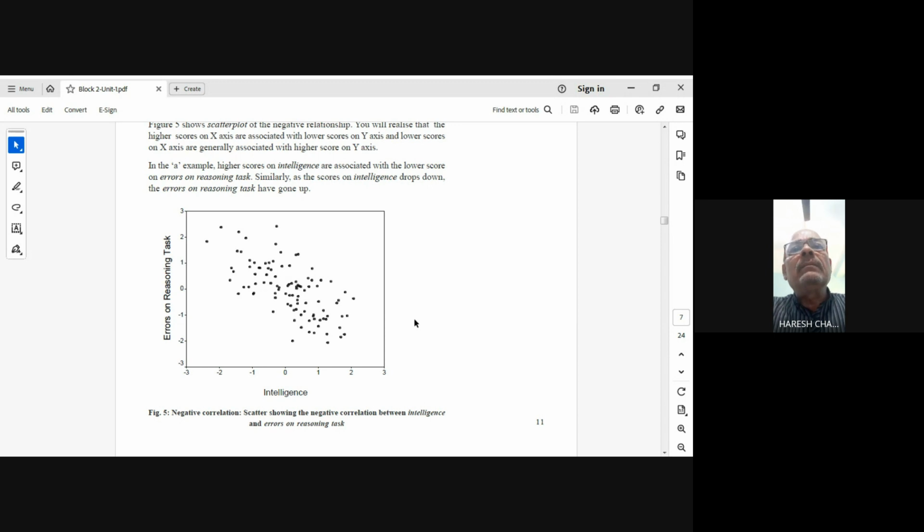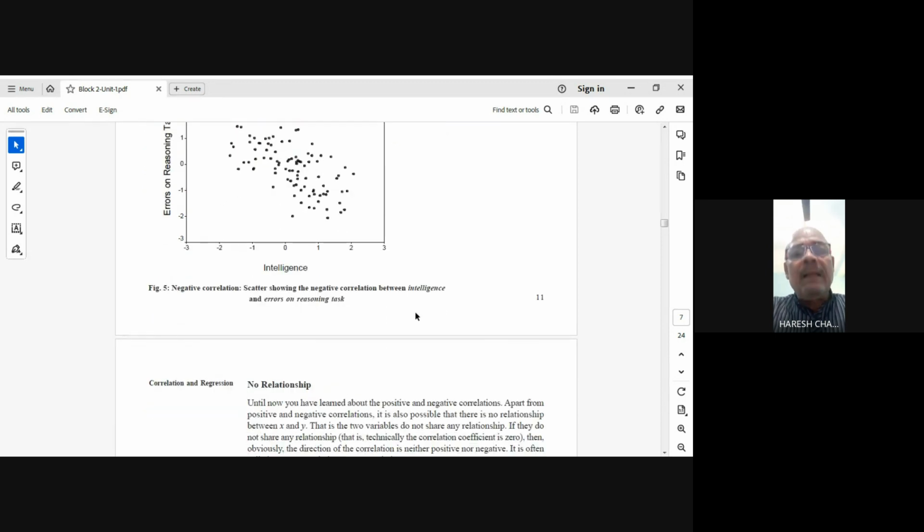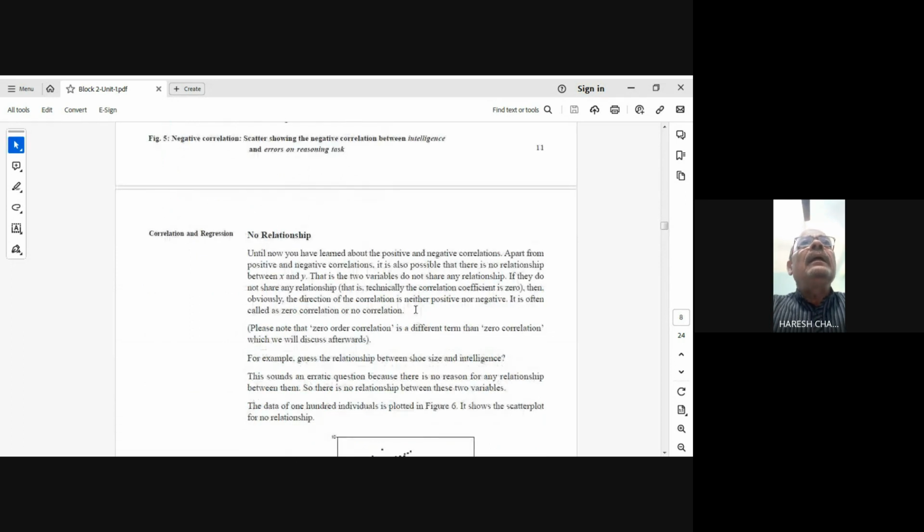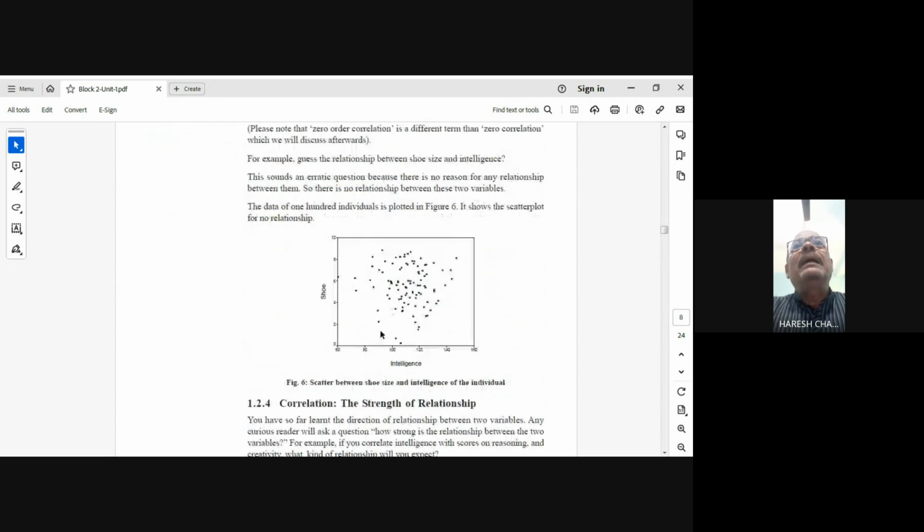Any question? I am explaining the concepts because that is the best I can do. There is also a case of no relationship. I am explaining through a scattergram: if the scatter points are like this, you cannot predict any relationship, which means there is no correlation. There are certain variables which don't have any relationship and they will show a scatter.